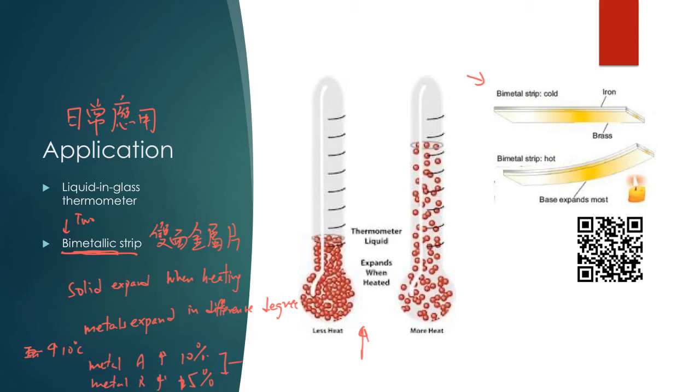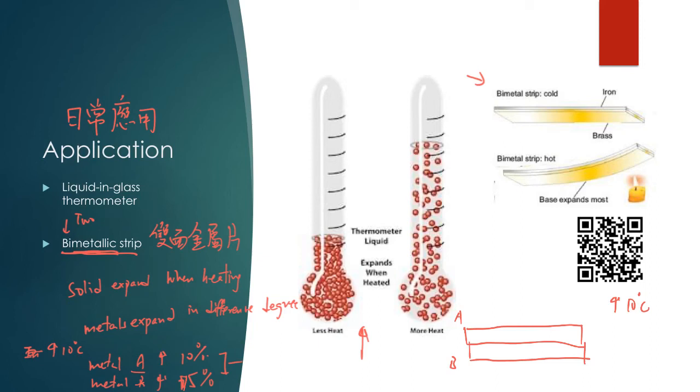So imagine what happened if we stick metal A and metal B together. Let's say on top is metal A. The one below is metal B. What happens if the temperature is increased by 10 degrees Celsius? So remember, B expands more.